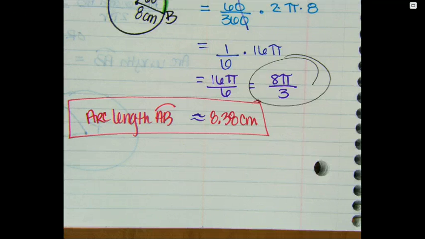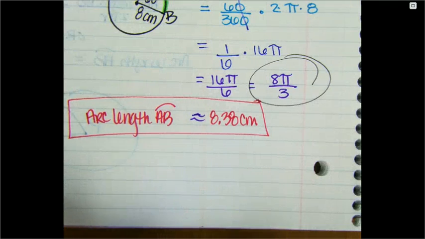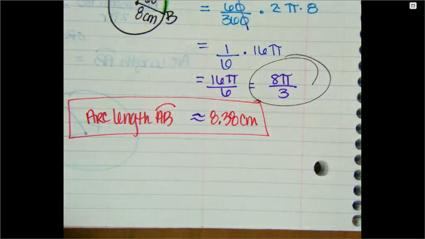Or you do 8 divided by 3 times pi, but you have to remember to multiply by pi at the end. You need to be careful because it won't always do it in the correct order. If you want to do it all in one step, it's easier with parentheses.